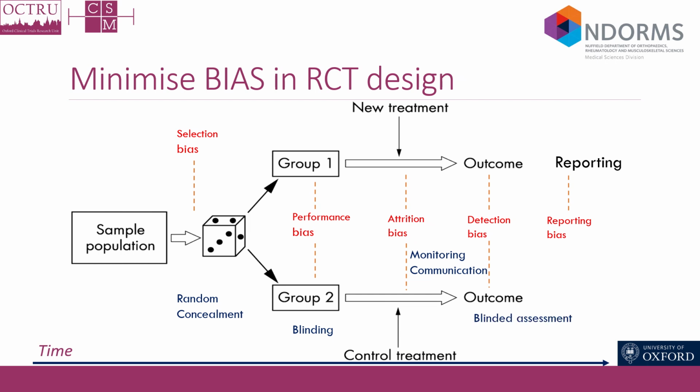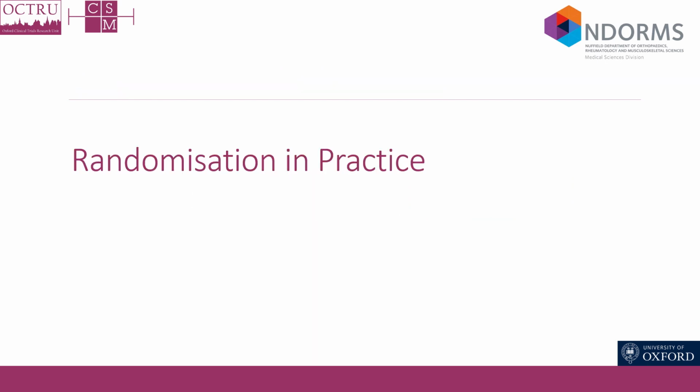To address detection bias, we could consider assessor blinding, so objective outcome measures, standardized protocols, and make sure that the same assessment method or frequency takes place across both groups. As for reporting bias, one way to tackle it is by pre-specifying the analysis or outcomes in the protocol or a statistical analysis plan and making it publicly available.